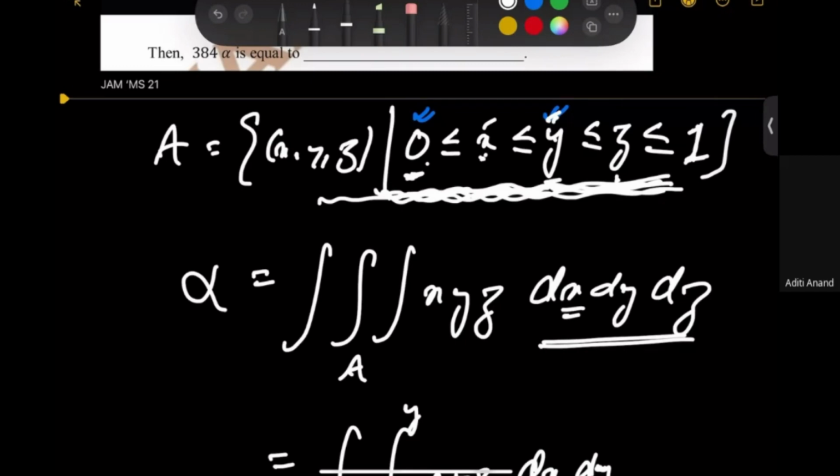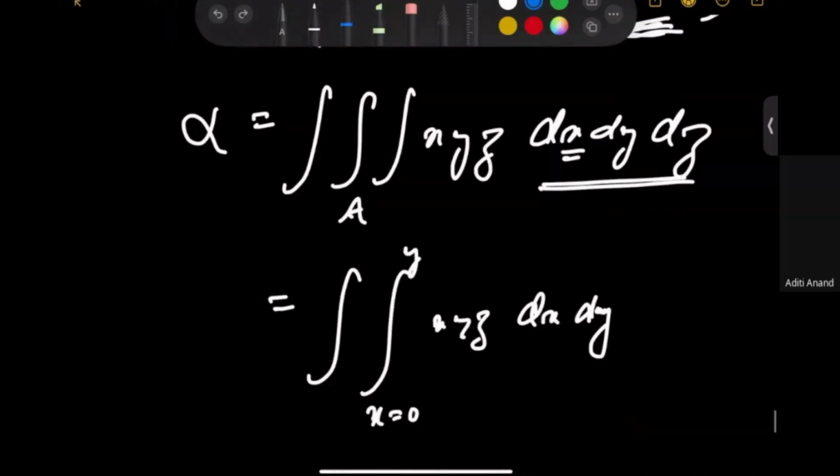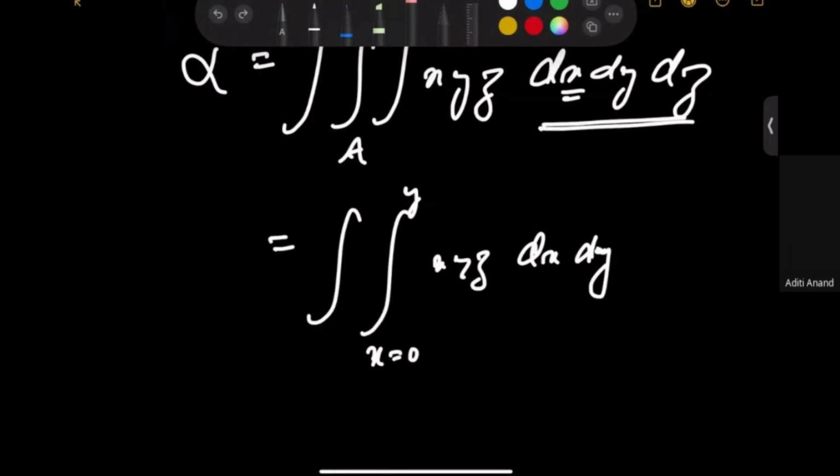Because there are now two things: y is greater than or equal to x, greater than or equal to 0. So you can put y lies between x and z, that is one possibility. The other possibility is y lies between 0 and z. Which one would you use? 0 and z. Can you tell me the reason why it should be 0 and z?